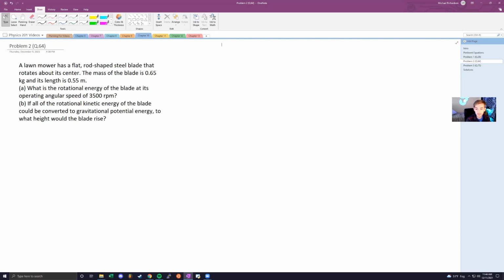Now, I'll get more into B later, but let's define exactly what our system looks like here. So let's say we have our axis of rotation. Let's call it AOR. And we are considering that this is a long steel rod that rotates about its center.